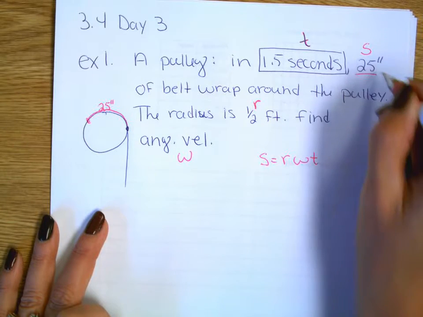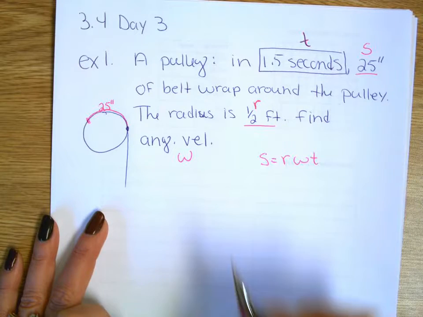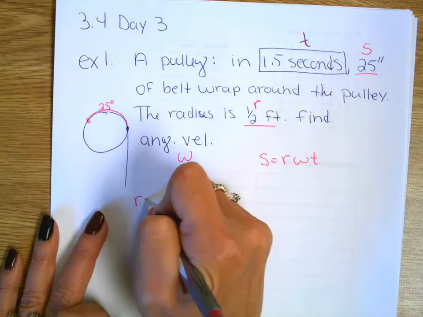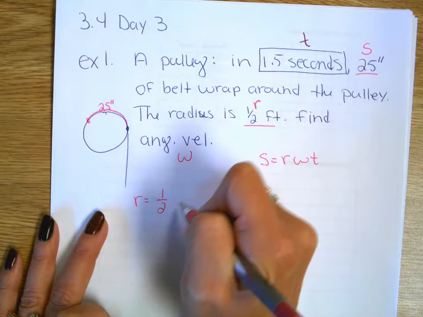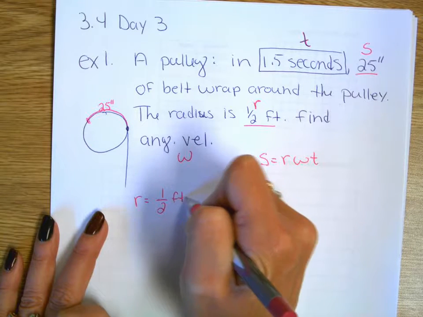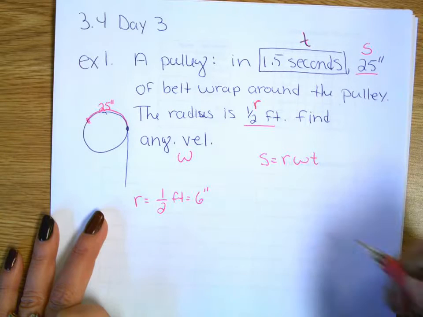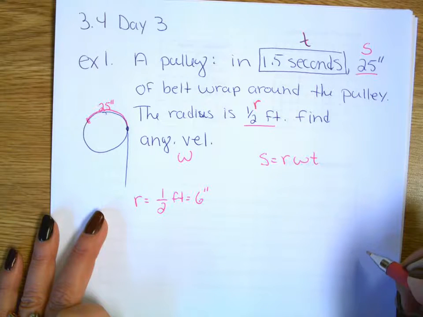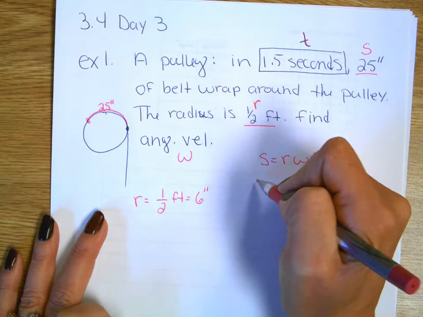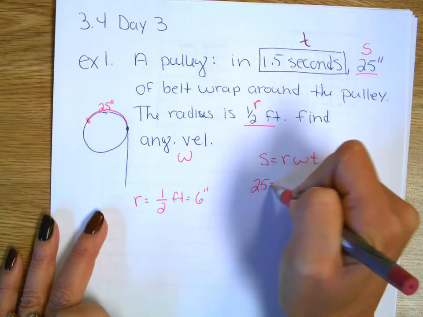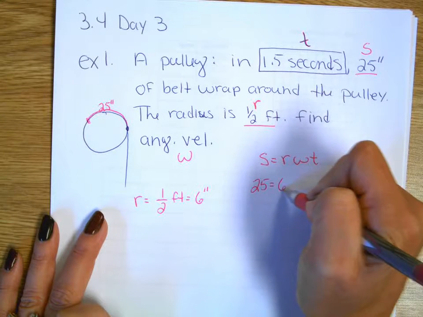So now, do we have any red flags to take care of? We got inches and feet. So let's take care of the radius. The radius is a half of a foot, which means we're going to make it 6 inches. Everything else is going to be good? I think so. So in place of S, we're putting in the 25. R, we're putting in a 6.